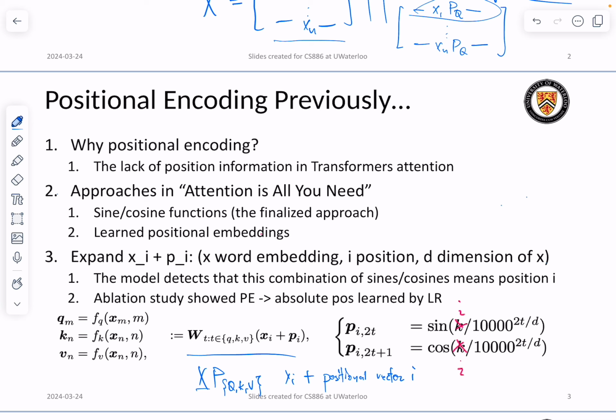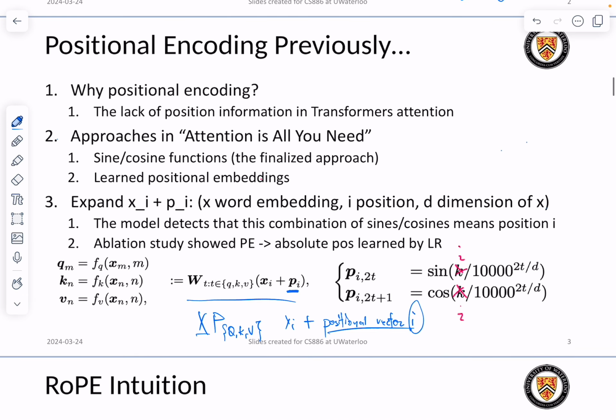And this positional vector pi is going to be heavily dependent on what this i is. Suppose that xi is this long vector.